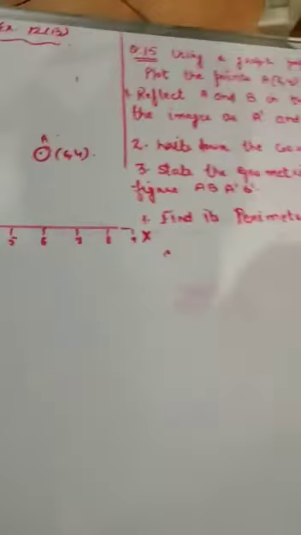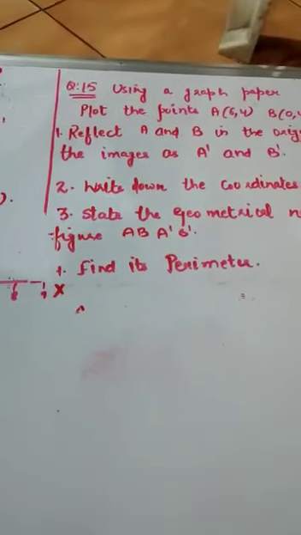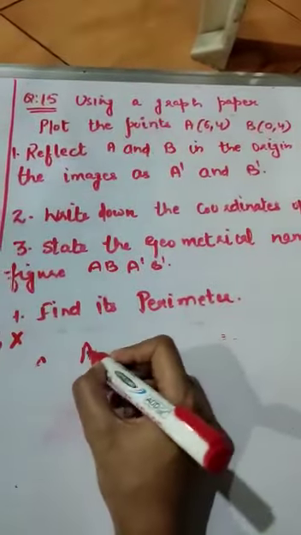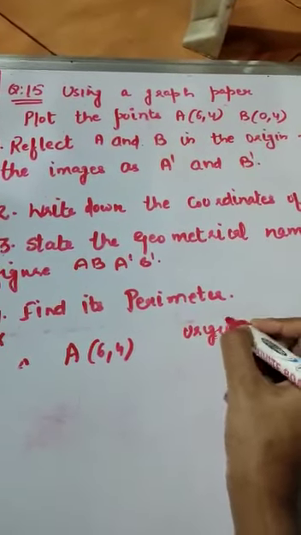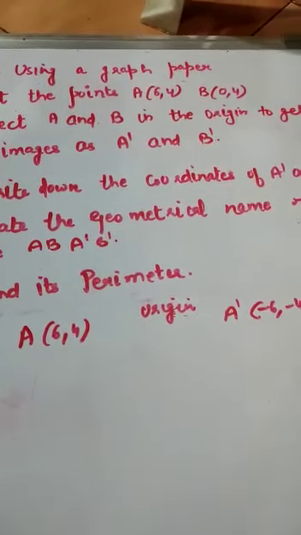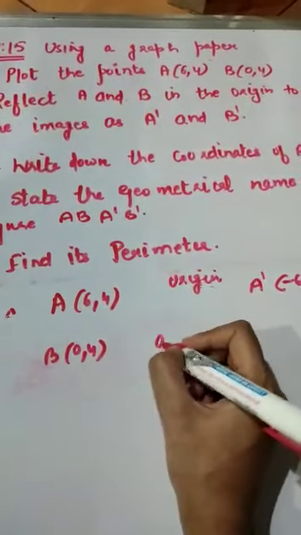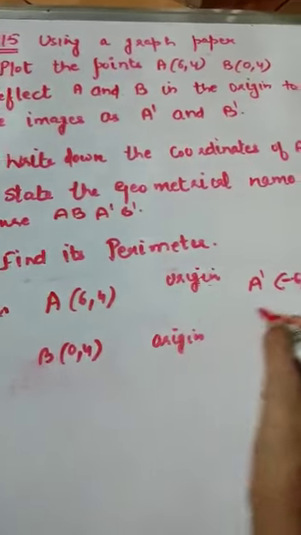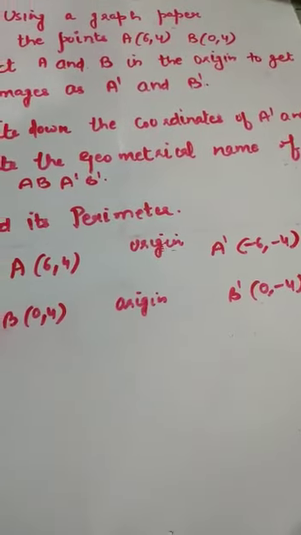Now we have to reflect A and B in the origin to get the images as A dash and B dash. So A is 6, 4. After reflection in the origin, we will get A dash as -6 and -4, and B is 0, 4. After reflection in the origin, we will get B dash as 0 and -4.